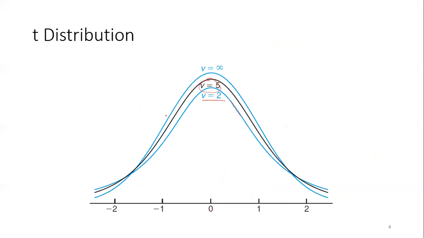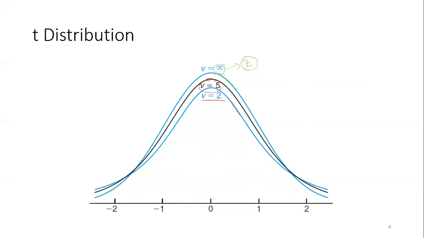And the upper part, let me just make it green, this green part is the one with infinitely many degrees of freedom. In fact, when the t random variable has infinite degrees of freedom, then this is equivalent to the standard normal.